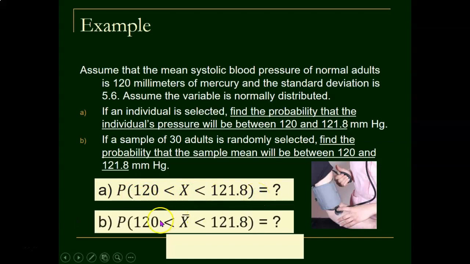In part B, we want the probability of X bar being between 120 and 121.8. And our sigma, our standard deviation for those X bars, would be the individual standard deviation, 5.6, divided by the square root of n being 30.